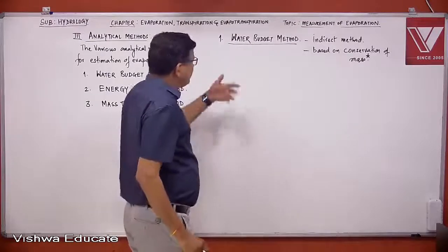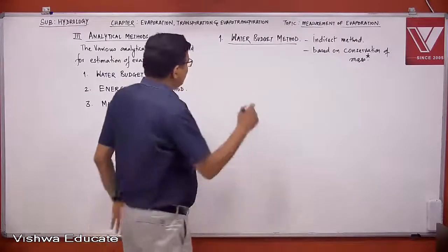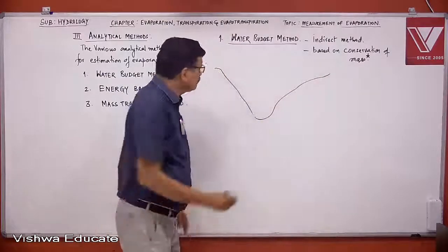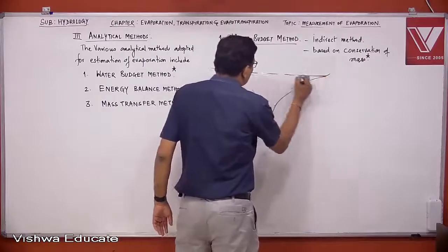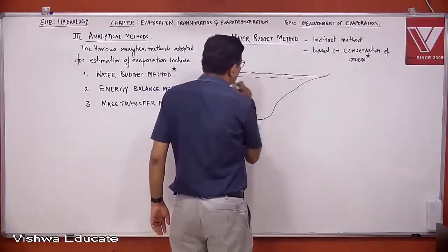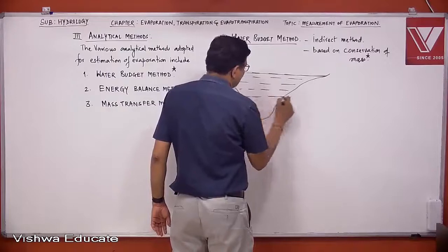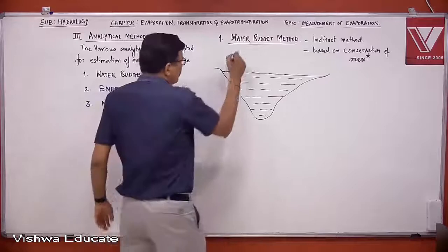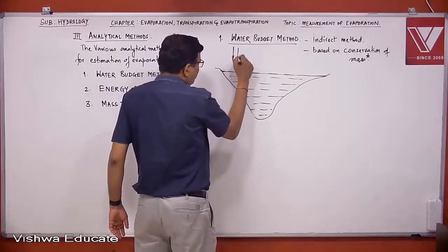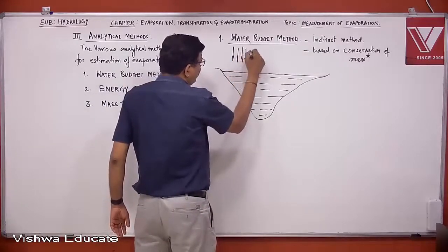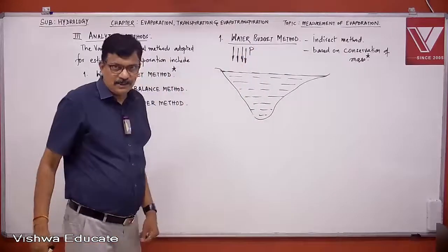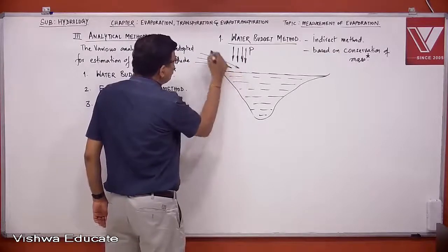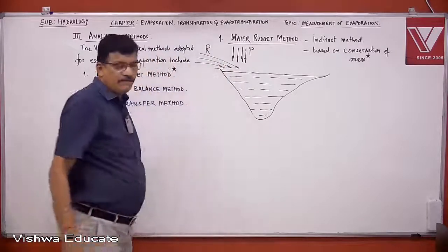So to develop the water budget equation, let us understand that if this is a reservoir, then the additions to the reservoir would be in the form of precipitation or in the form of runoff.